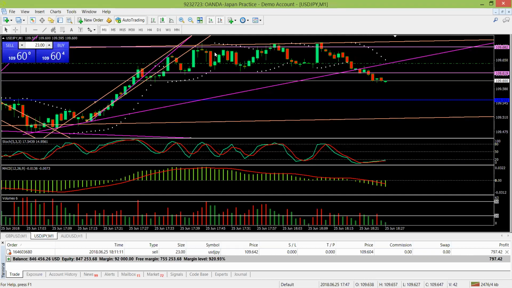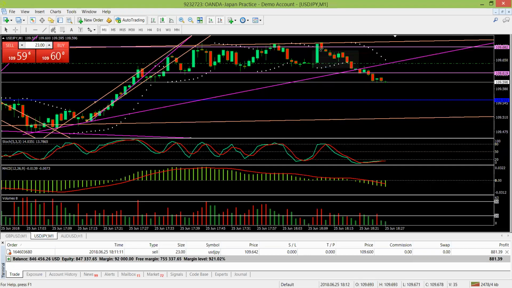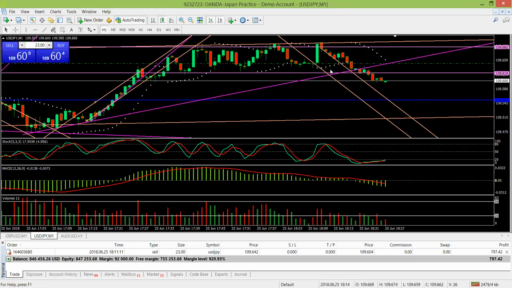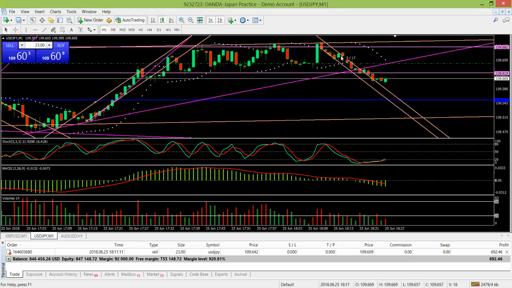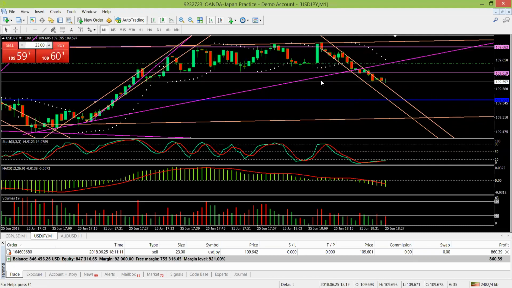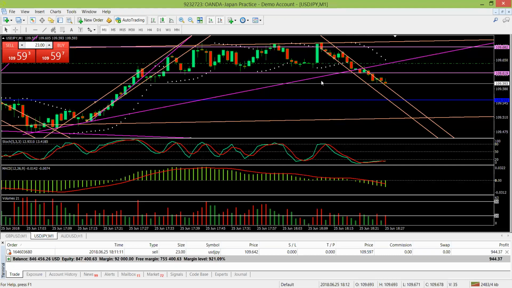No, not strange. Sideways, just sideways like that. Sideways now. Going sideways. But it's broken the trend. At least it took out the lows.